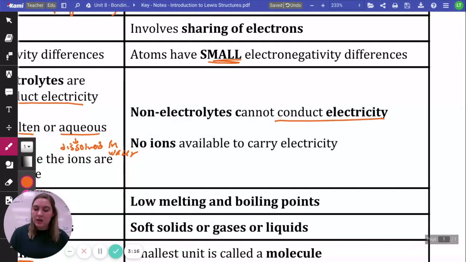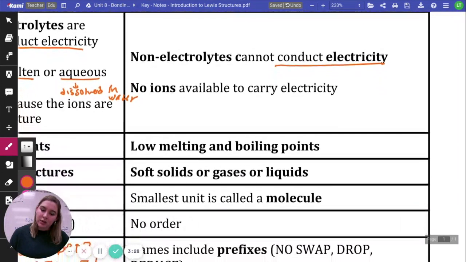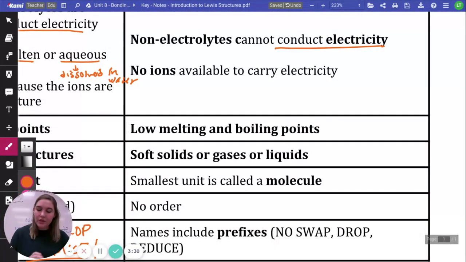They cannot conduct electricity, and that's because there are no ions in these covalent compounds to carry the electricity. Again, you have to have those charges. Covalent compounds are not charged, they're neutral, so they're unable to conduct electricity. They have low melting or boiling points. They're soft solids or gases or liquids.